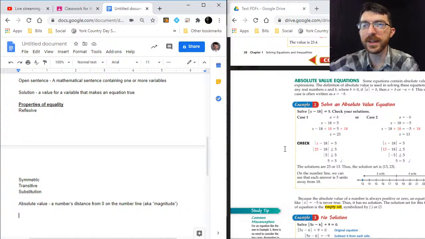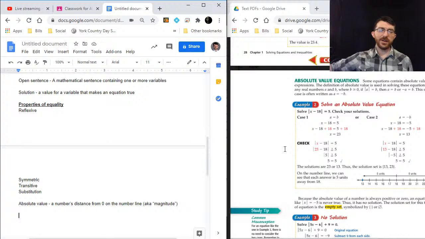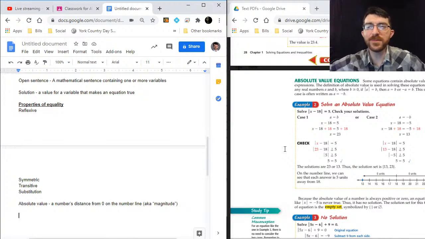All right, let's see. Because the absolute value of a number is always positive or 0, an equation like that is never true. I see, it has no solution. Oh, that really seems... I don't really see the necessity of saying what empty set is.